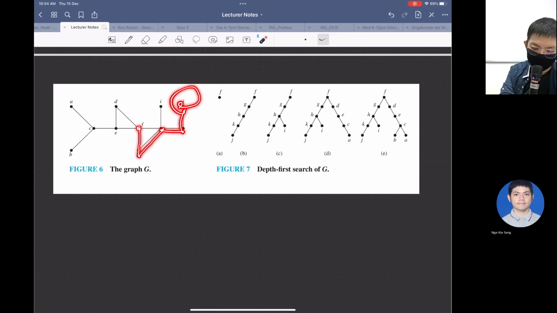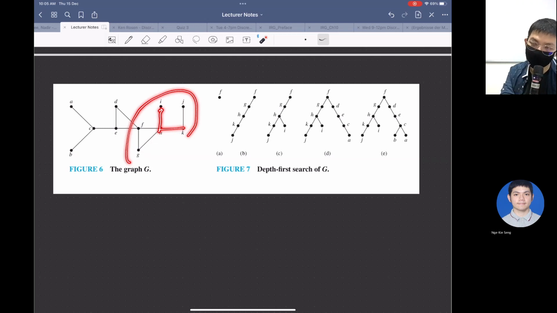Have you found a spanning tree yet? No, right? Because you still haven't reached all the vertices. So you need to go back to the last vertex adjacent to a vertex that hasn't been visited yet. So you go back to H and then go to J again.